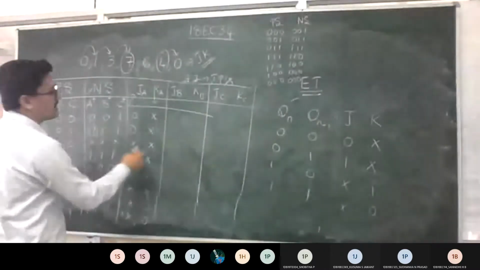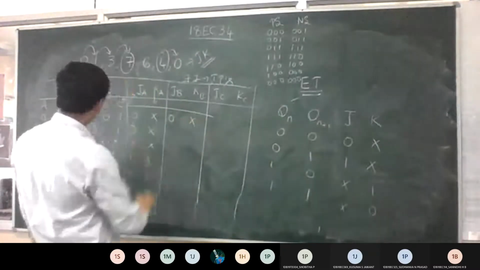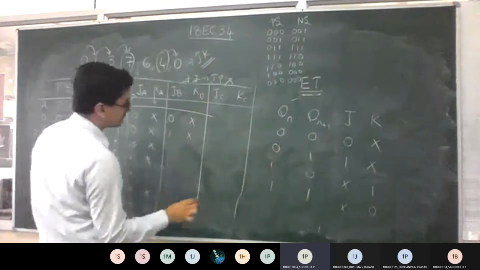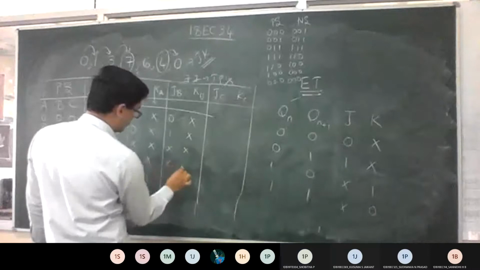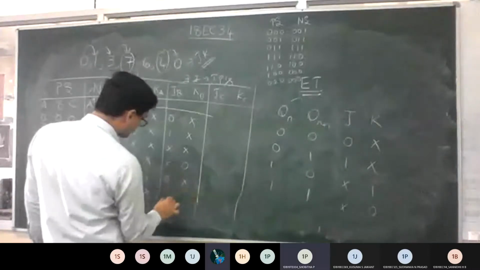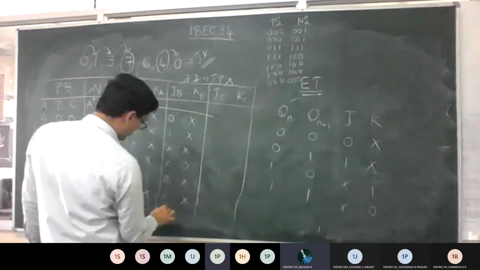Finish up this table. So compare 0, 0, and tell me the answers here. 0x, 1x, 1x, 1x, xx, then x0, x0, 0x, 0, xx, xx, xx, x1, x1.